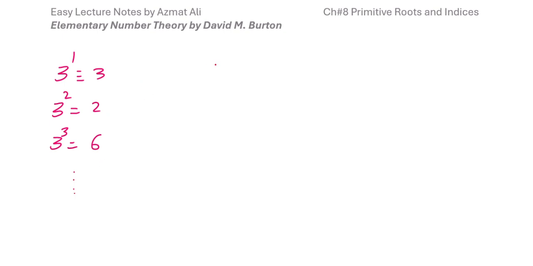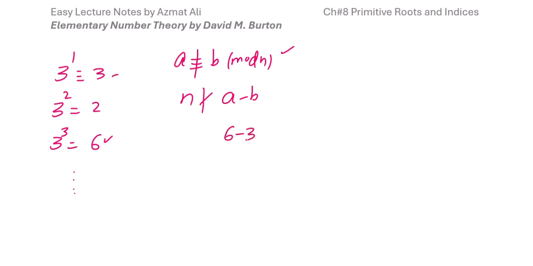These powers are incongruent to each other. What is the definition of incongruency? We say that two numbers a and b are incongruent to each other if n does not divide their difference. For example, if you take 6 and 3 and calculate their difference, 6 minus 3, you can observe that 7, which is n here, does not divide 3.